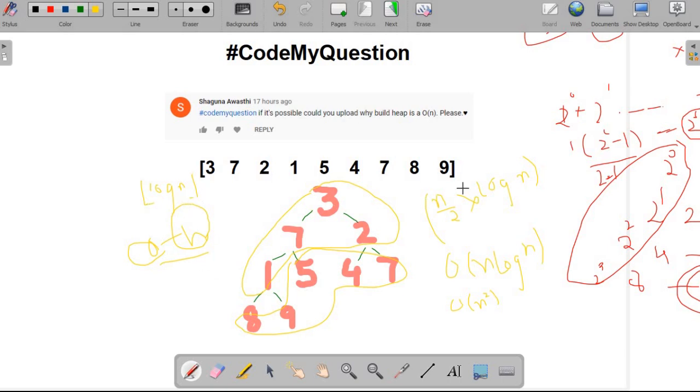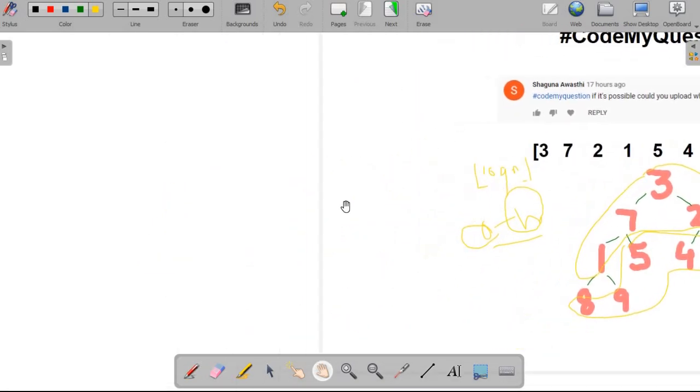Now let's see how we use these things in order to derive that it works in order of n. See, the total number of nodes that are to be subjected to the heapify method are n by 2 to the power h plus 1, where our height goes from h equals 0 to h equals log n.